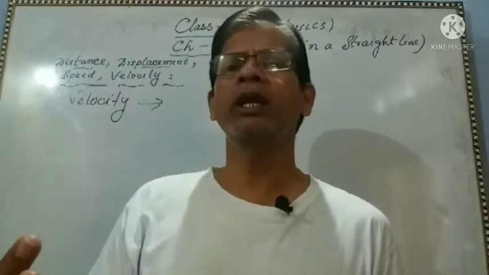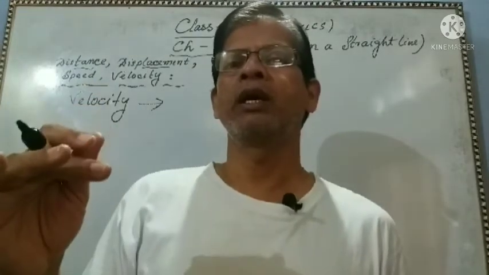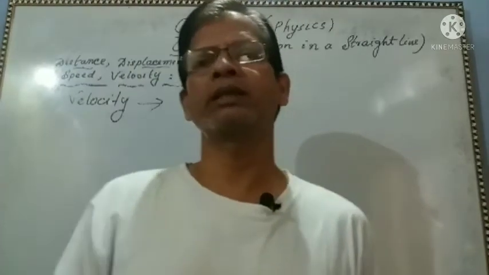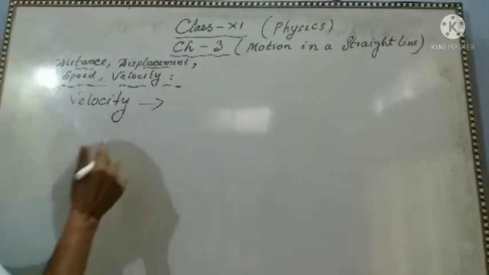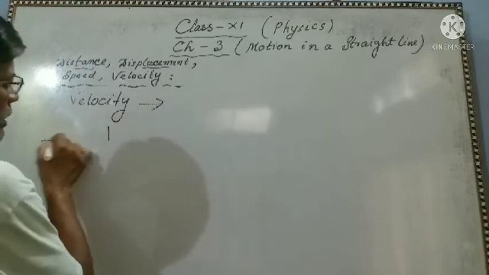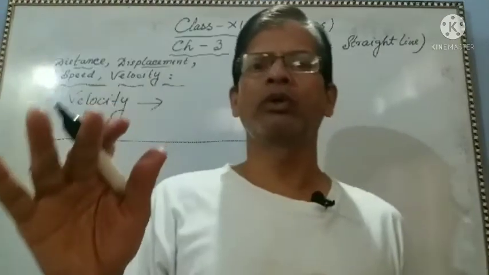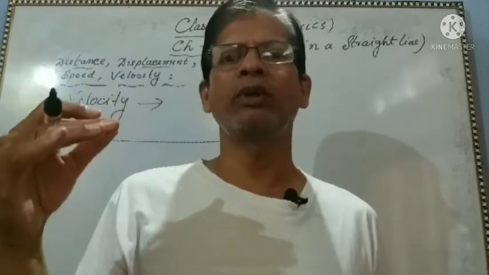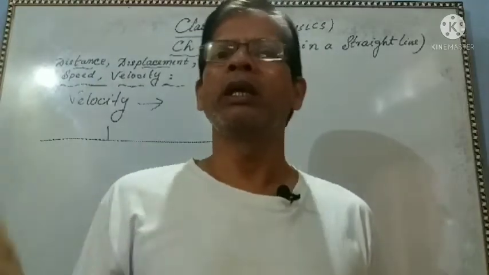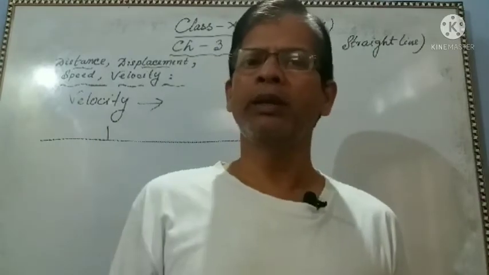Velocity means speed plus direction. It may be positive, negative, or zero. Its character is similar to that of displacement. Clear?